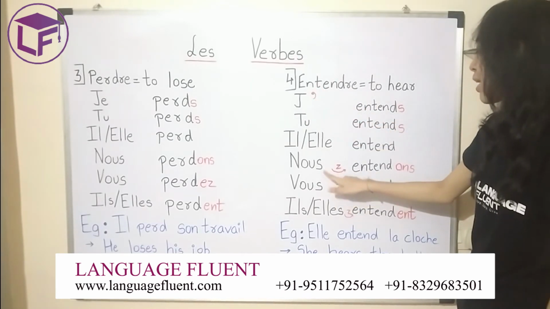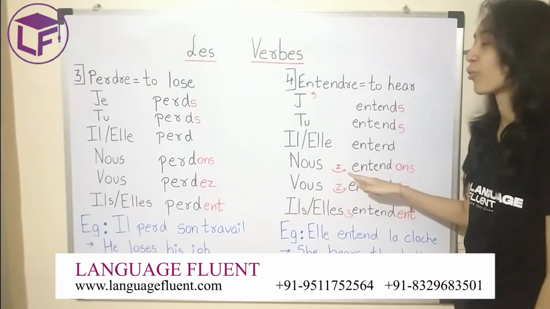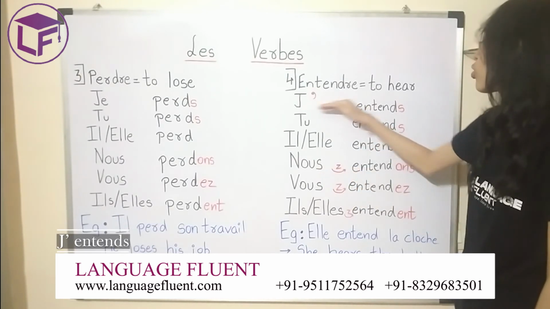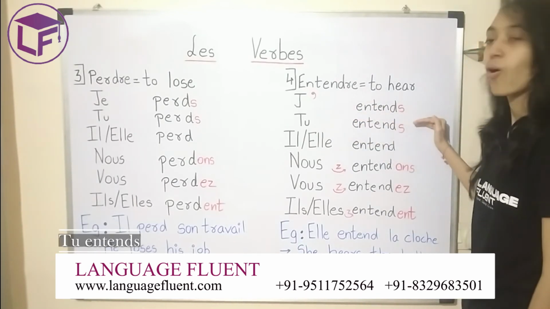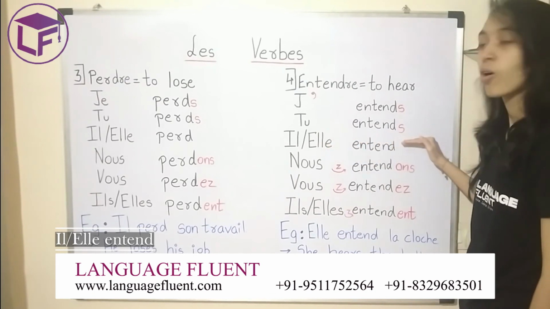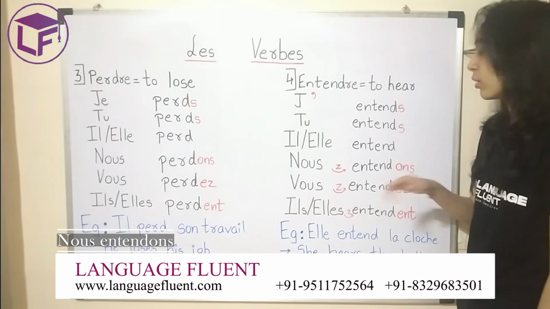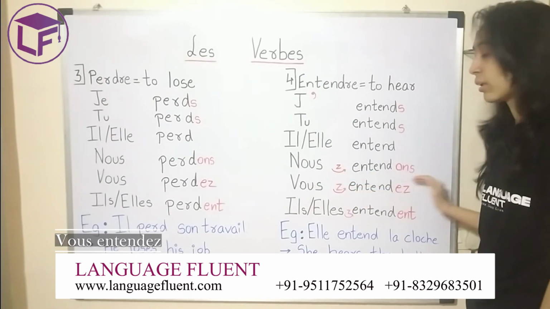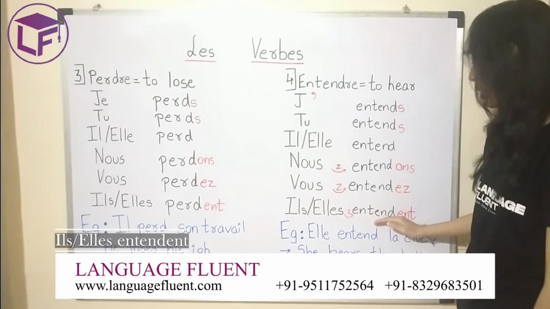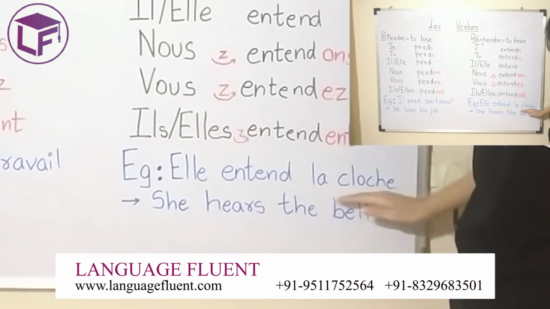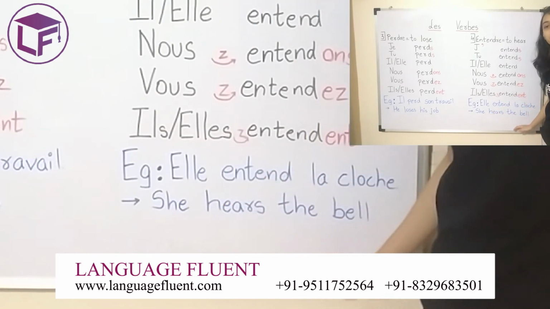And here S and vowel, so we have liaison. So the pronunciation becomes j'entends. J'entends. Tu entends. Il, elle entend. Nous entendons. Vous entendez. Ils entendent. Elles entendent. For example, elle entend la cloche, which means she hears the bell.